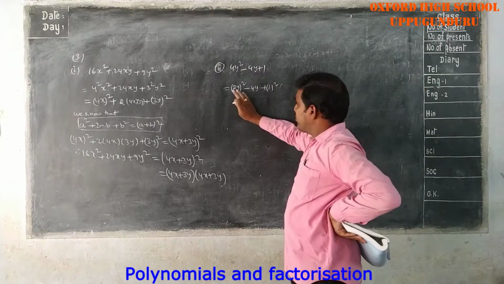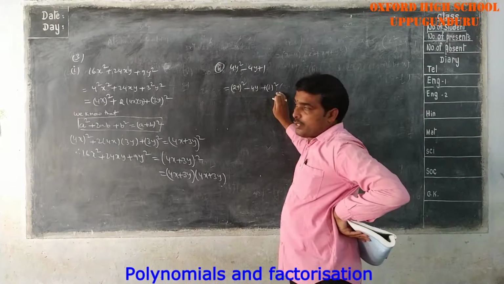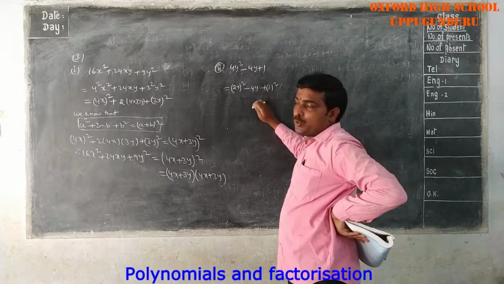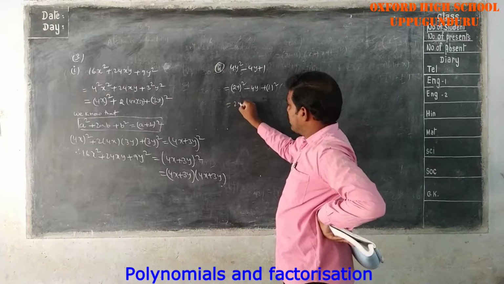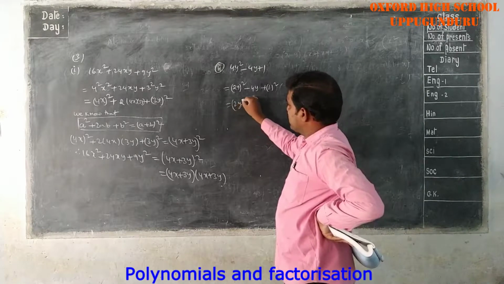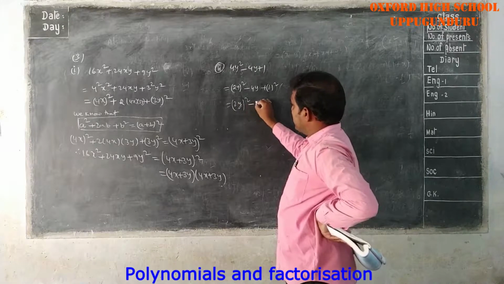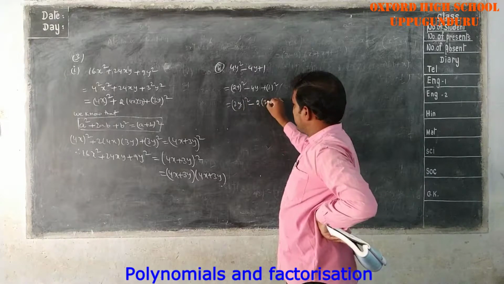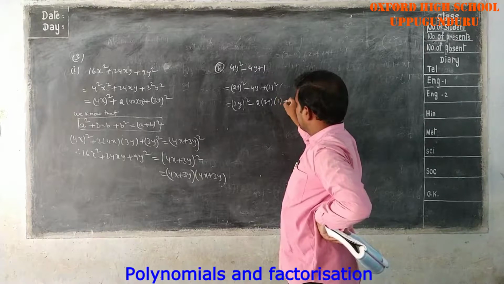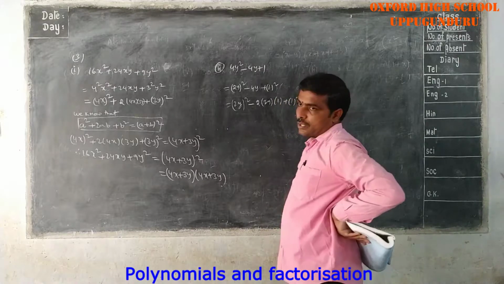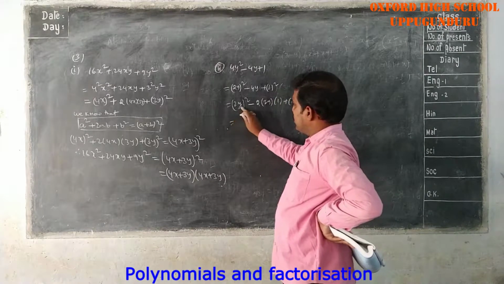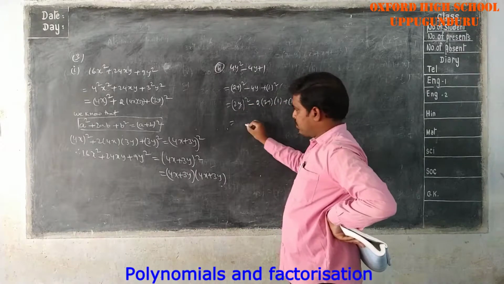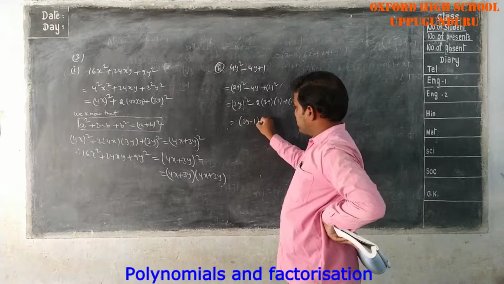This is in the form of a square plus b square, so the middle term should be in 2ab form. That's why 2y whole square. I am writing the middle term as minus 2 of a value 2y, b value 1, plus 1 whole square. So this you can write as a square minus 2ab plus b square, that is 2y minus 1 whole square.